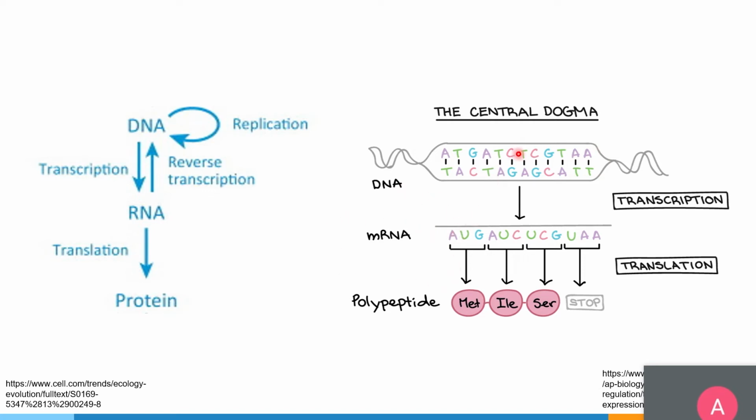In this process, the information travels from DNA to RNA via a process known as transcription. Following this, the mRNA is translated to proteins or amino acid structure, and this process is known as translation.